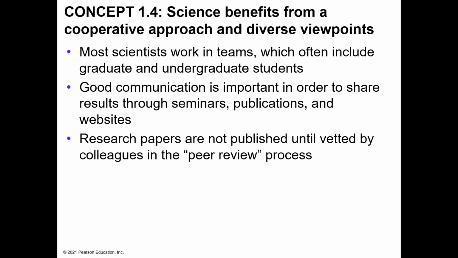So science benefits from a cooperative approach and diverse viewpoints. Most scientists work in teams, which are often undergraduate and graduate students. It relies upon communication and publication of your research. Research papers are usually vetted by your community, by the peer review process.